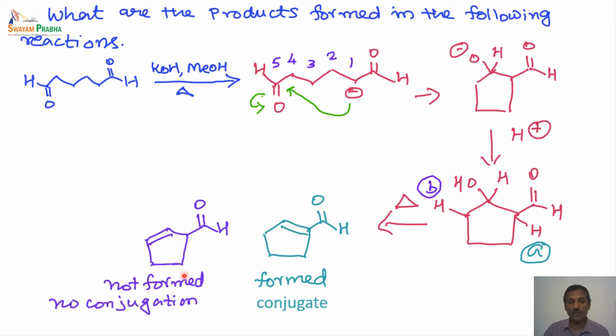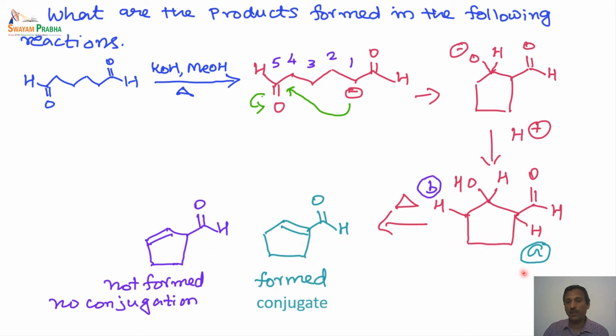And we have another system which is not a conjugated one, because here we have a double bond, single bond, single bond, double bond. So this is not a conjugated system. Here we have a double bond, single bond, double bond. This is a conjugated system. So due to the formation of the conjugated product, this compound is formed, whereas this is not formed.